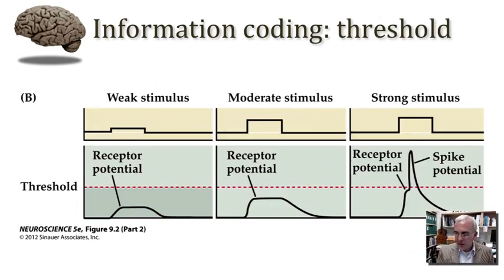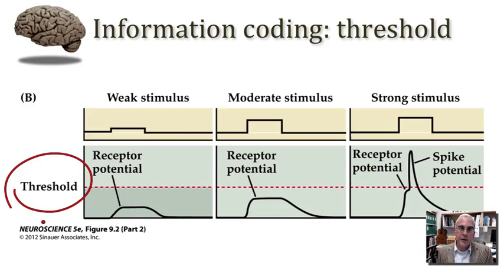Now, we've already considered the concept of threshold, and let me just make one further comment about it now, and that is that while all sensory receptors have some kind of threshold for generating an action potential, that threshold might be different for different kinds of receptors based on the sensory transduction mechanism that's involved, the specializations that may surround that nerve ending, and also with respect to the location of that receptor within the sensory structure, be it the skin or a muscle or a joint or wherever it may be.